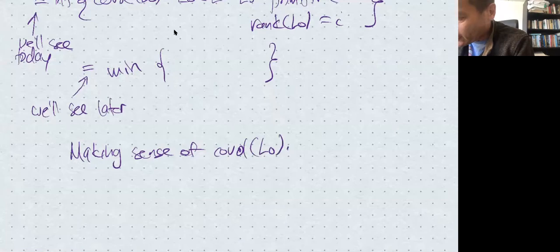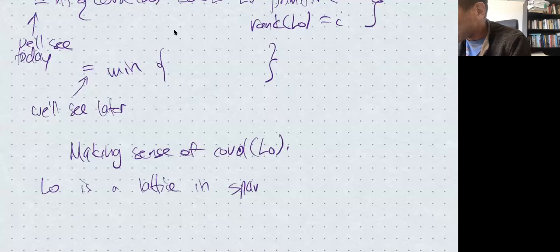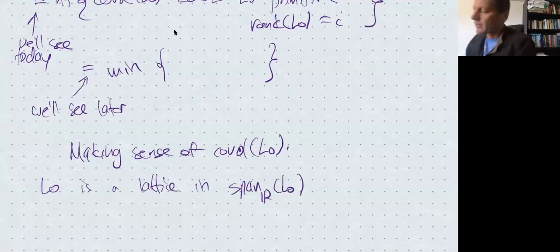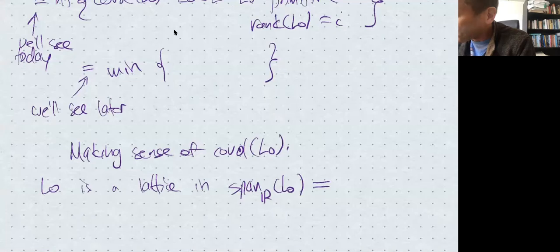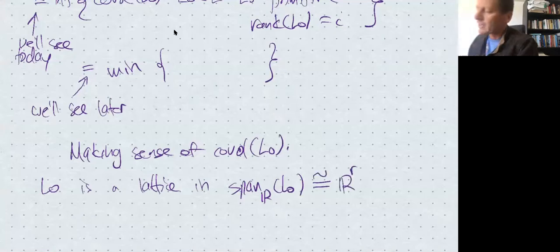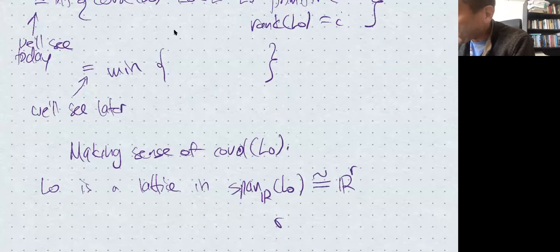L0 is a lattice in the span over R of L0, which is isomorphic as a vector space to R^r, where r is the rank of L0.